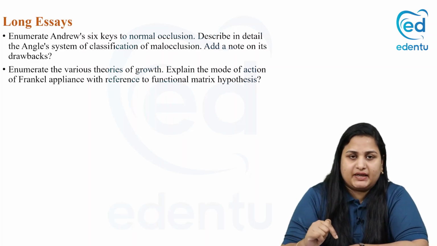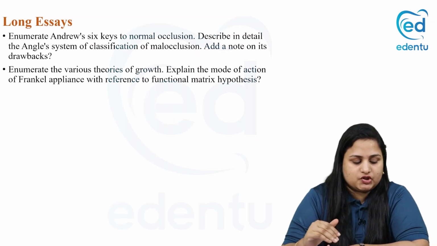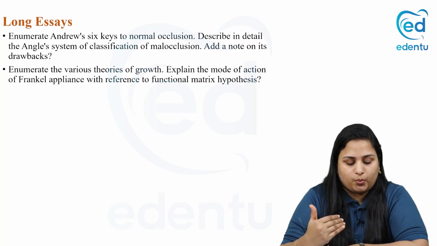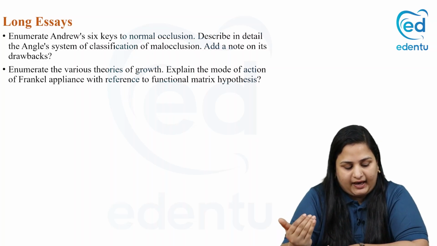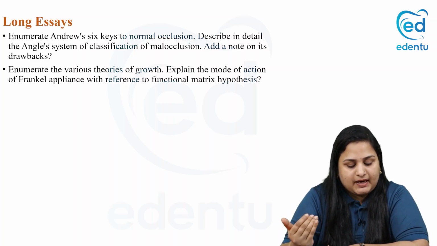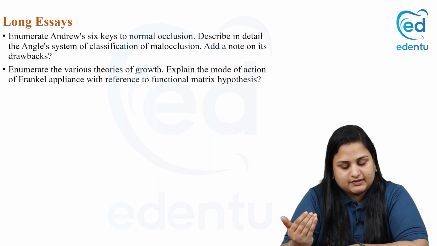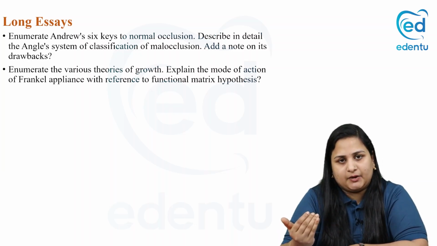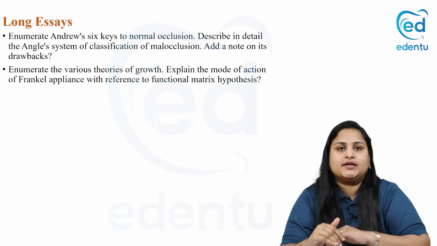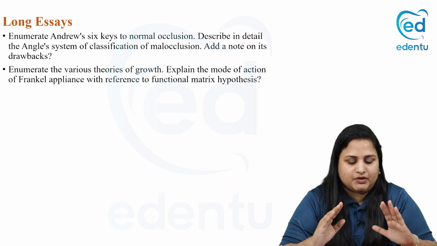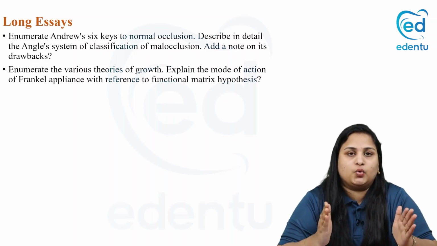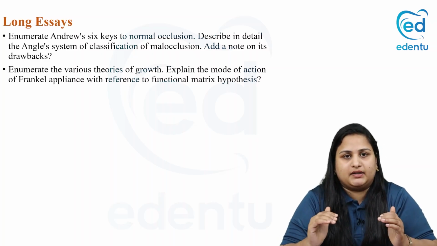Now, for example, let's see another question: enumerate the various theories of growth. Explain the mode of action of Frankel appliance with reference to functional matrix hypothesis. So here clearly again it is a combination of three questions, but part 2 is hidden in part 3.